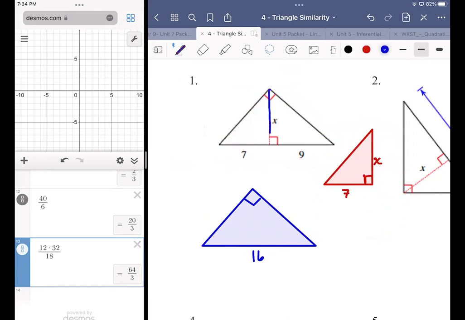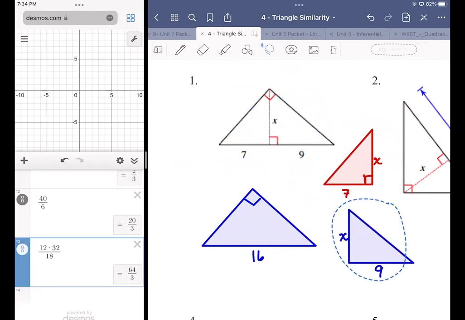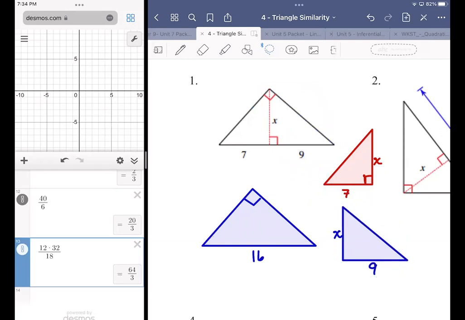And then I also have another right triangle here, x by 9. All right, so I look at the three possible triangles that I could have, and I say, which one is relevant and which one is not?